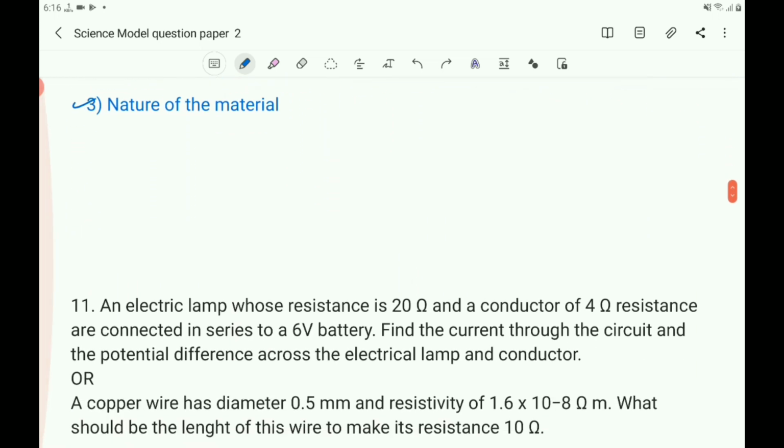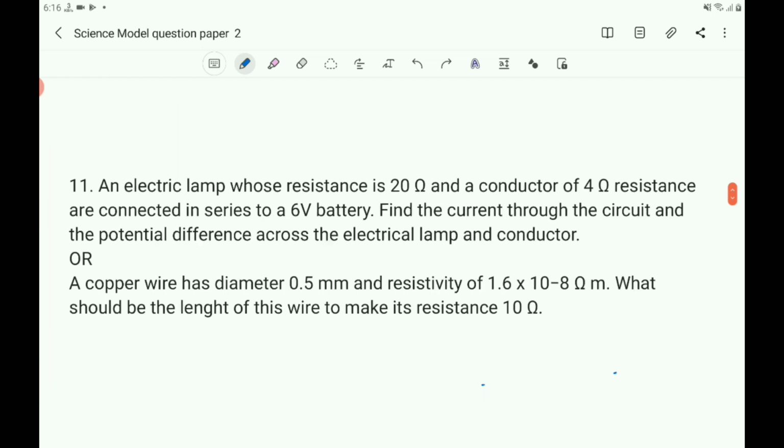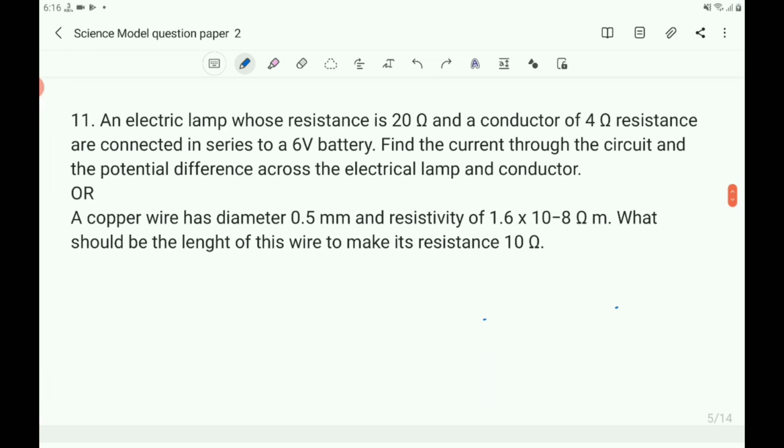The next one is the 11th question, that is also a 3 marks question. An electric lamp whose resistance is 20 ohm and a conductor of 4 ohm are connected in series to a 6 volt battery.